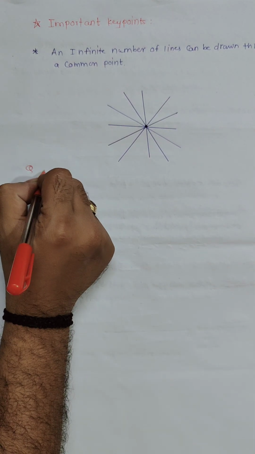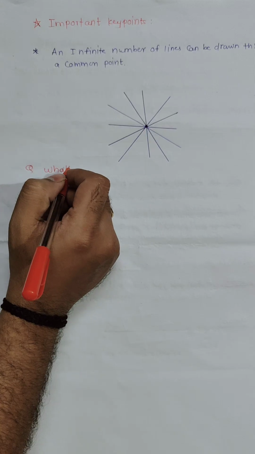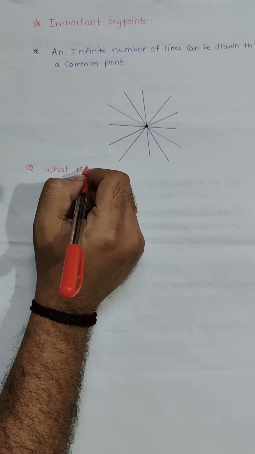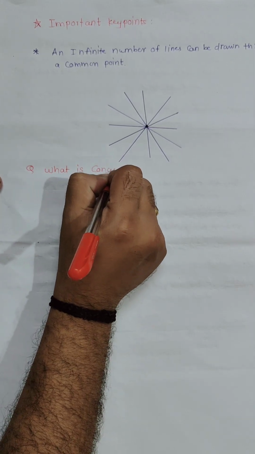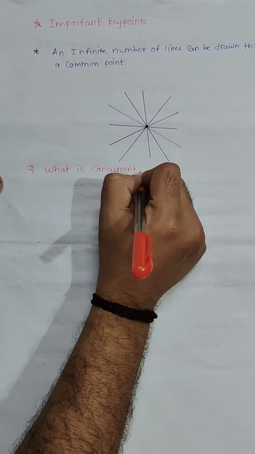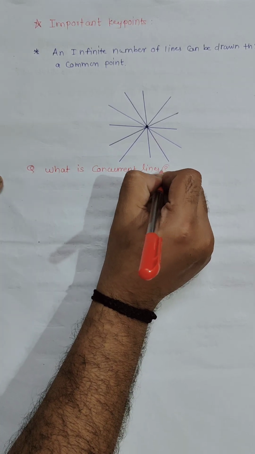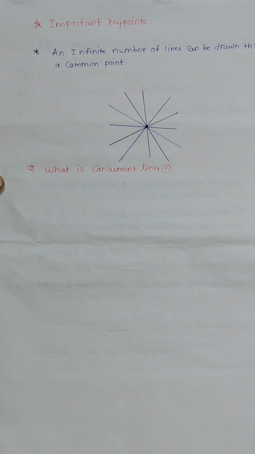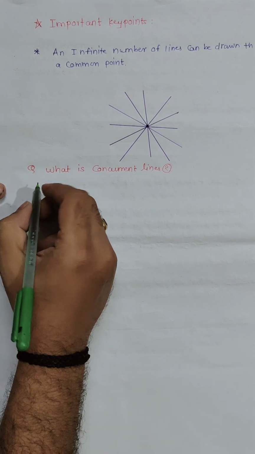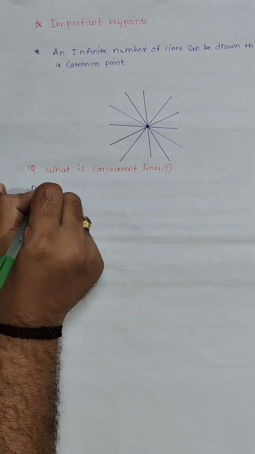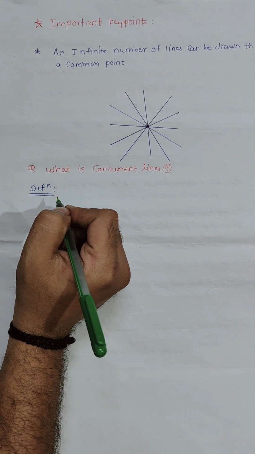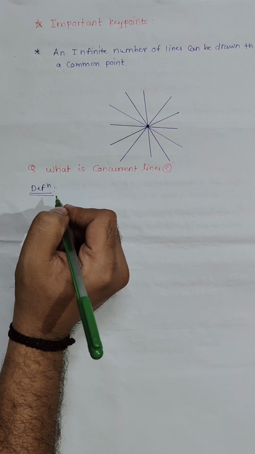Now next, what are concurrent lines? First part is the definition.